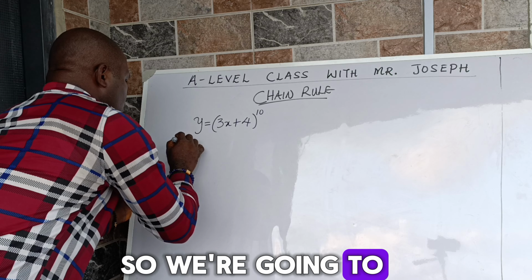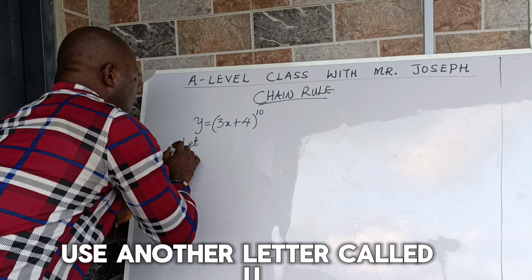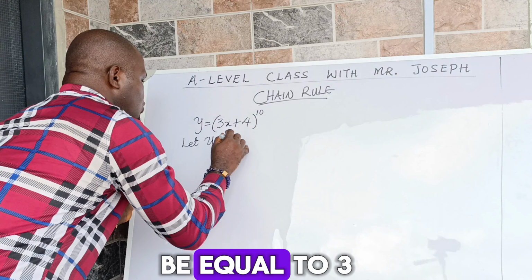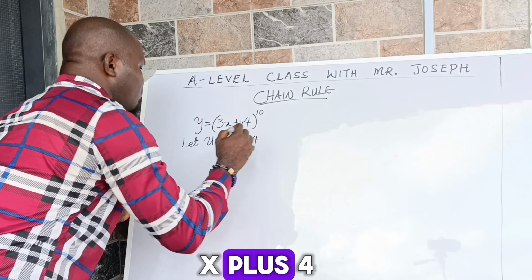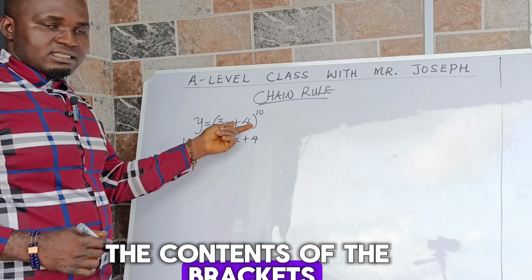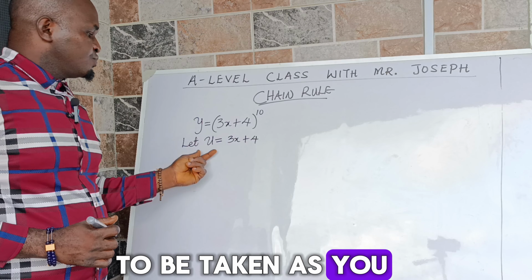So we are going to use another letter called u. We say let u be equal to 3x plus 4. The content of the bracket should be taken as u.